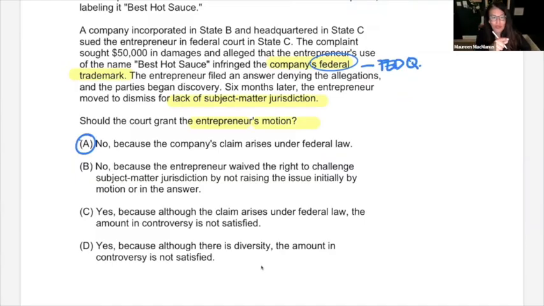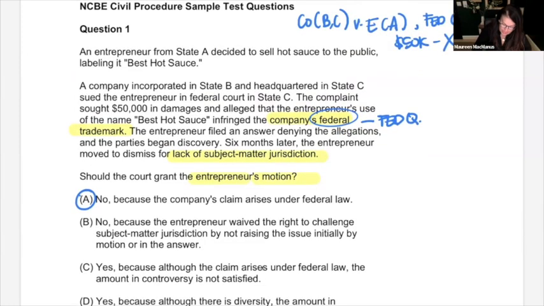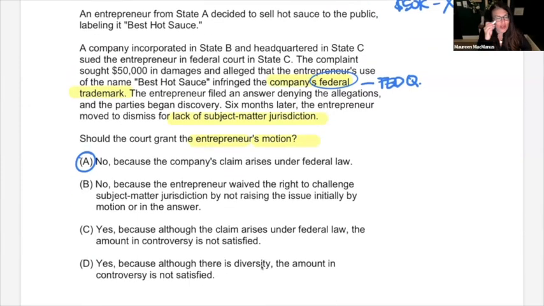This happens to a lot of people where they read this first one and they're like, oh, wait, is there a federal question? And they go back. So it's not 50K, but here I've noted that there's a federal question. So, okay, we're good. But I know at least a few of you watching this will have done that. And that is a reading comprehension issue where maybe you just read it too quickly or you didn't understand why they put federal trademark in there.